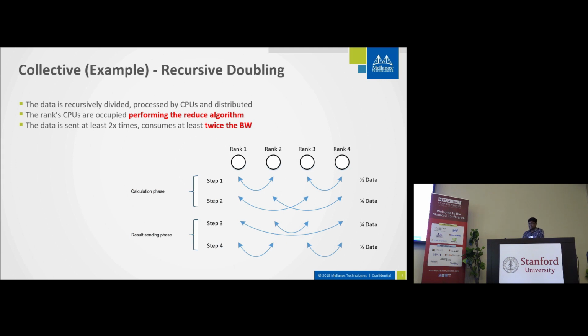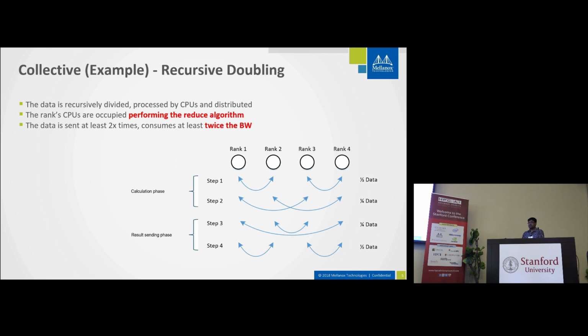For example, if you take allreduce, let's take recursive doubling. Here data is recursively divided and processed on the CPU, and after that it is distributed again to everybody. When the data is exchanged between the ranks, the CPU has to perform the reduction operations.